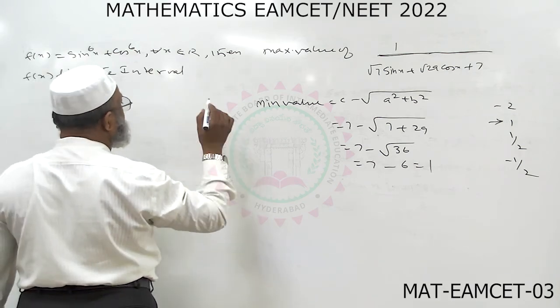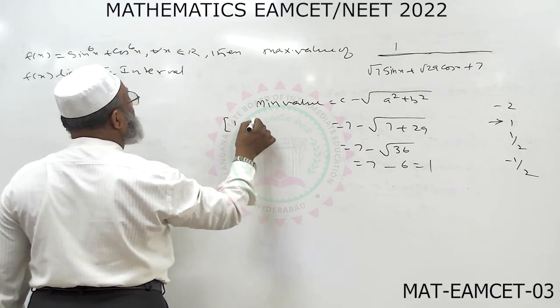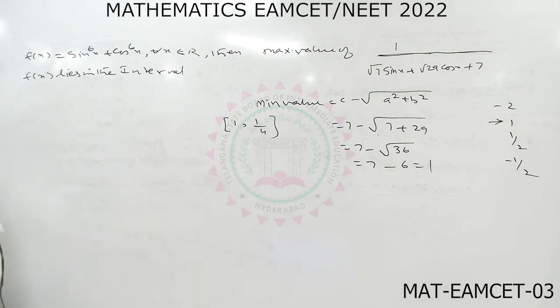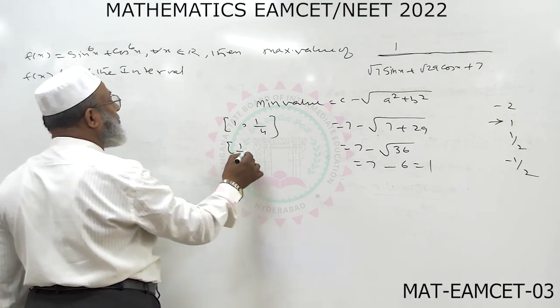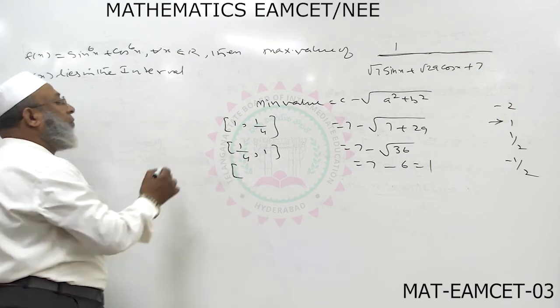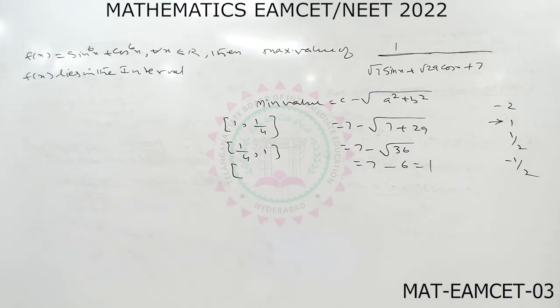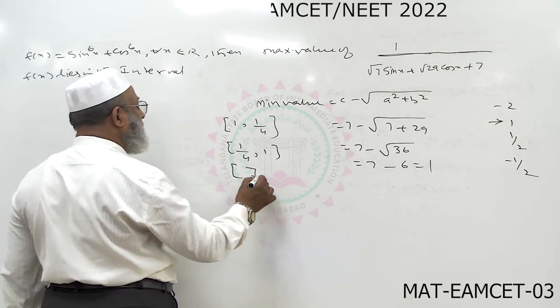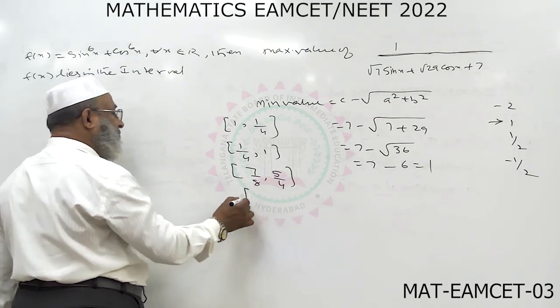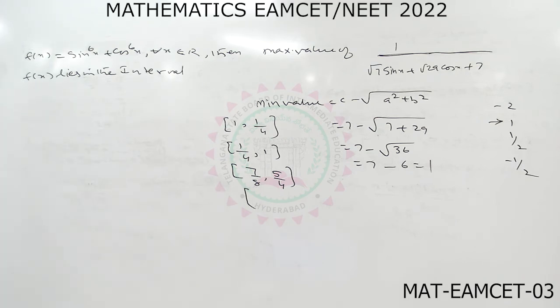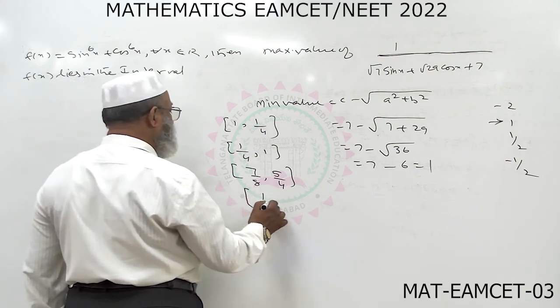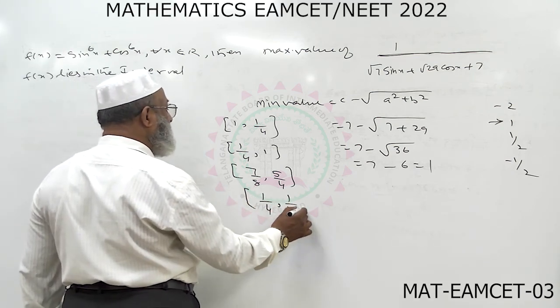The first option is 1 comma 1 by 4, second 1 by 4 comma 1, third option is 7 by 8 comma 5 by 4, and the fourth one is 1 by 4 comma 1 by 28.